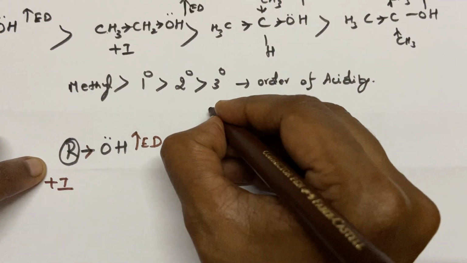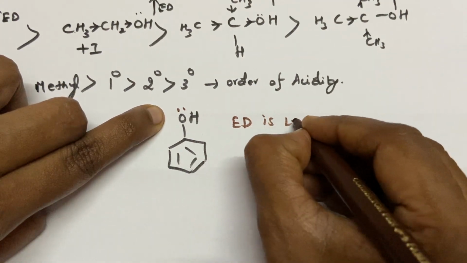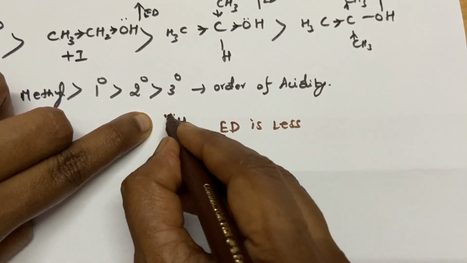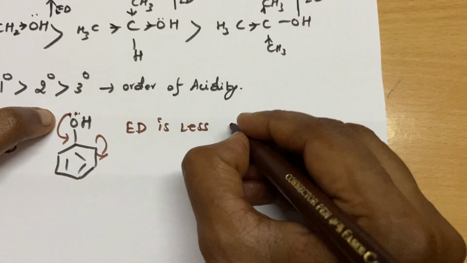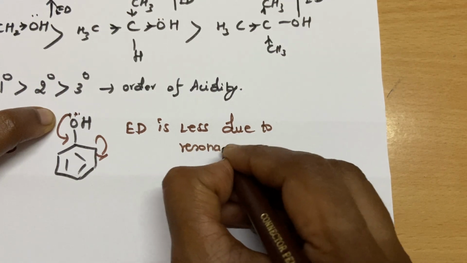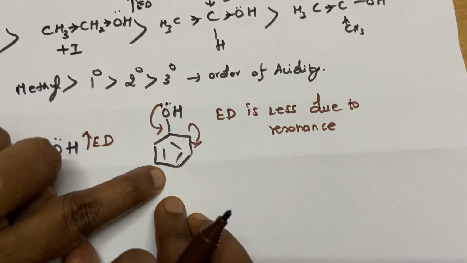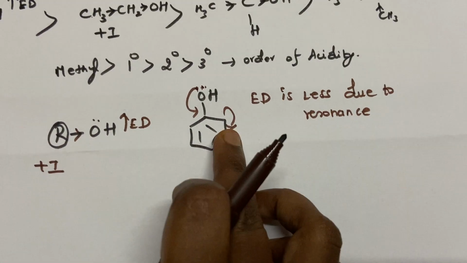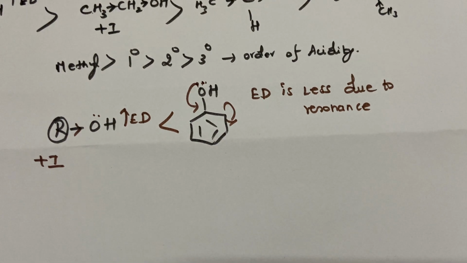But here the electron density is less because the lone pairs are involved in resonance. Electron density is less due to resonance, so phenol is more acidic than your alcohol.